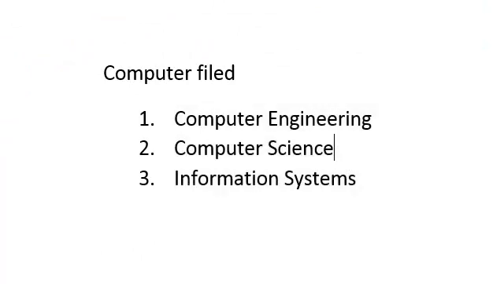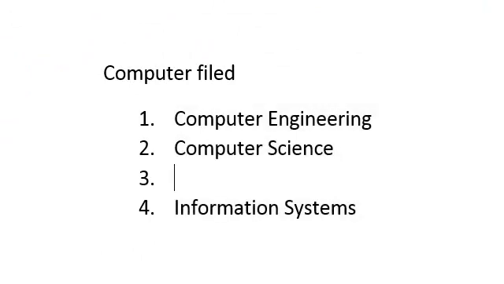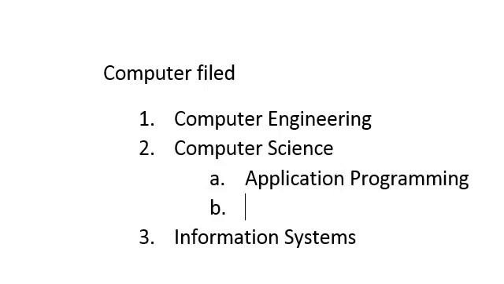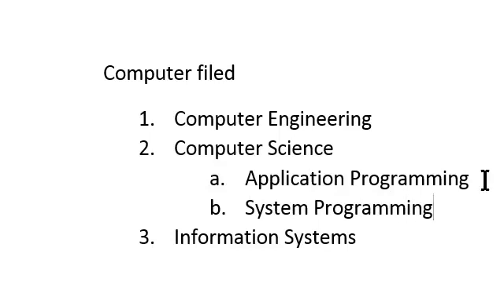Under the computer science, I'm going to hit enter, and I'm going to say here application programming. I'm hitting tab, and we're going to say system programming. And I'm going to take the cursor after application programming.